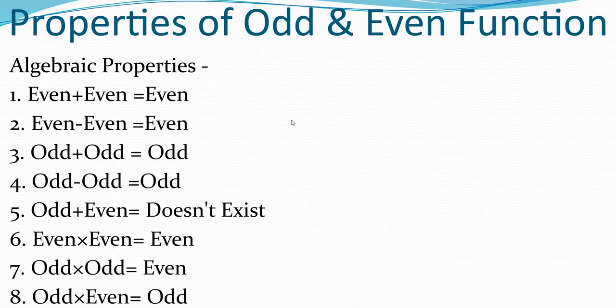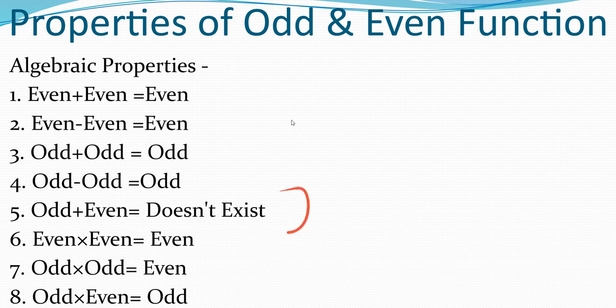These are some properties of odd and even functions. If we add or subtract even functions, the addition or subtraction of two even functions will result in an even function. The addition or subtraction of two odd functions will result in an odd function.